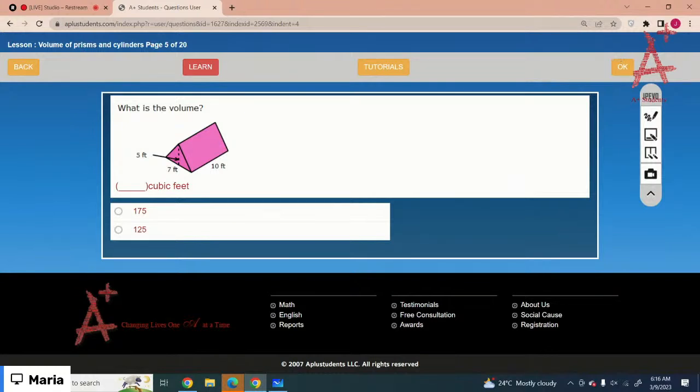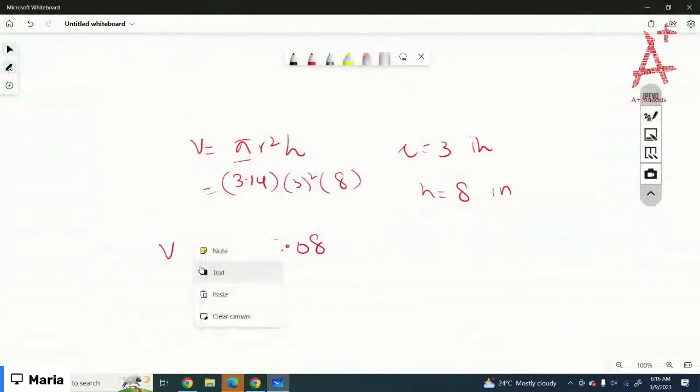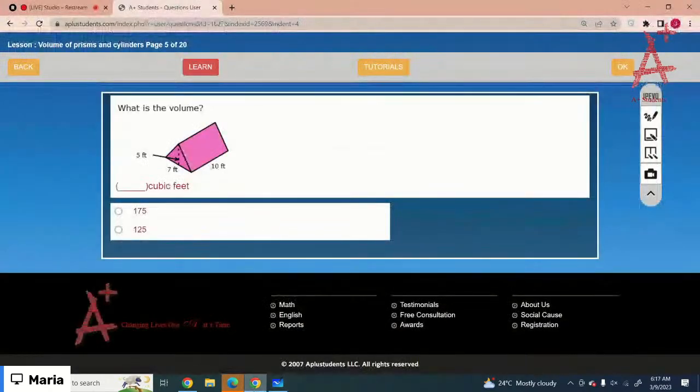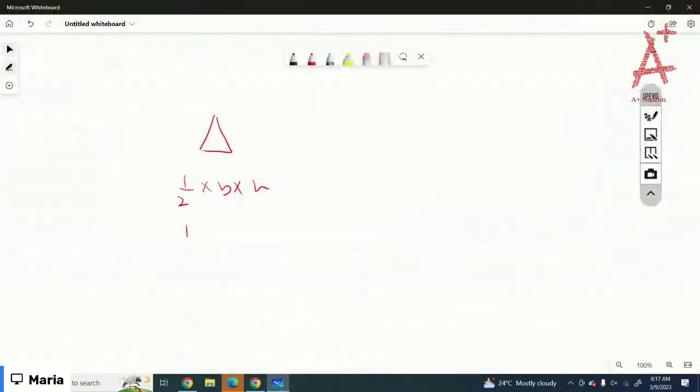Half times base times height. Let's calculate the area of the triangular shape. That is half times base times height, and the base is 7 and height is 5. So you need to do 1 by 2 times 5 times 7.